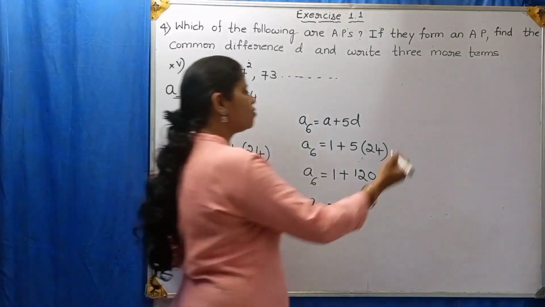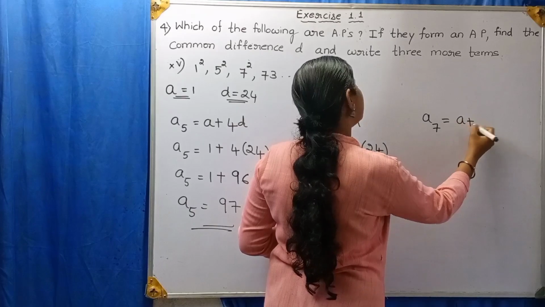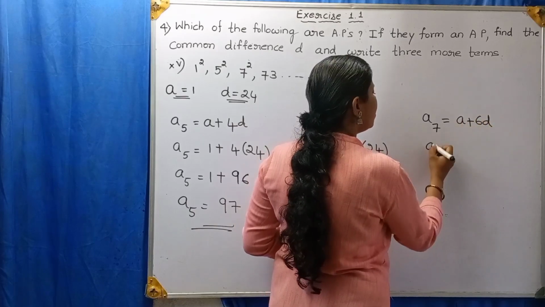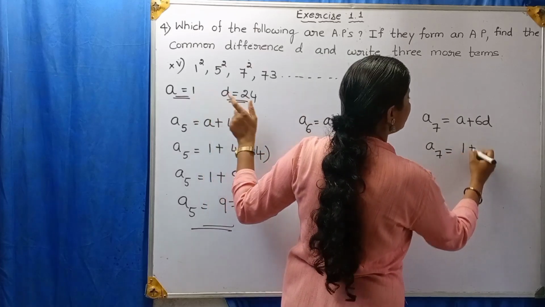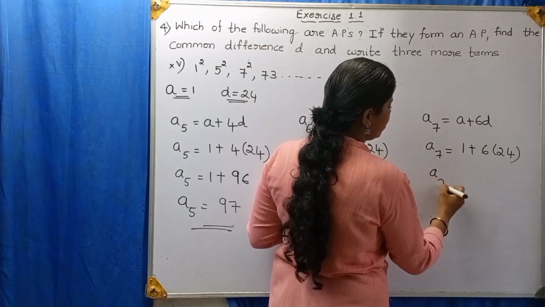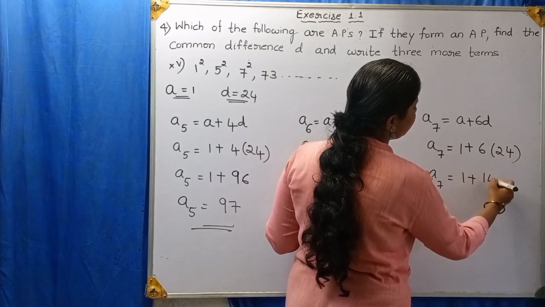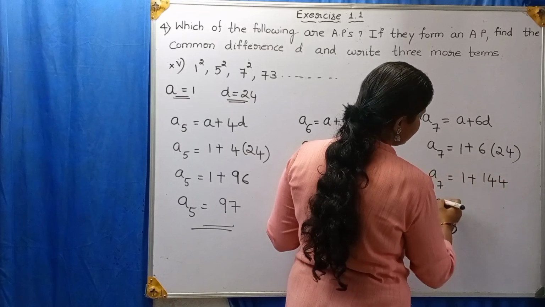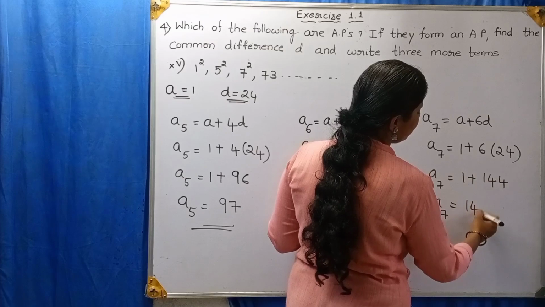Now, A7 is equal to A plus 6D. A7 is equal to 1 plus 6 into 24, which is 144. That is A7 is equal to 1 plus 144, which is 145.